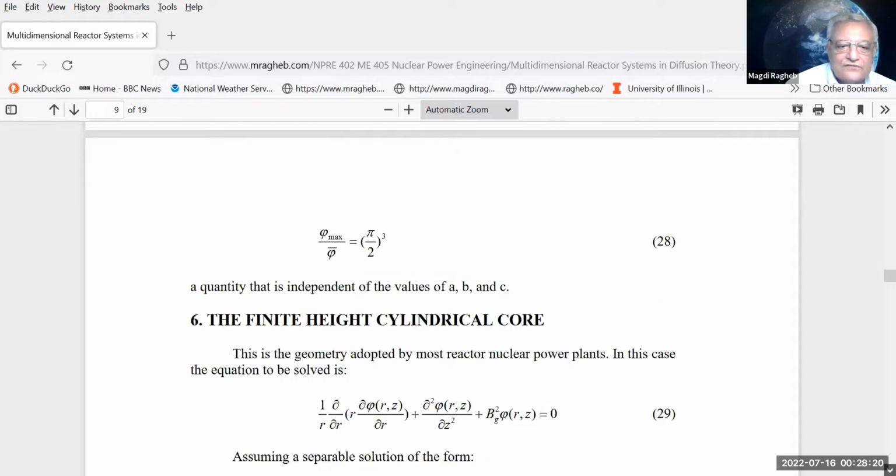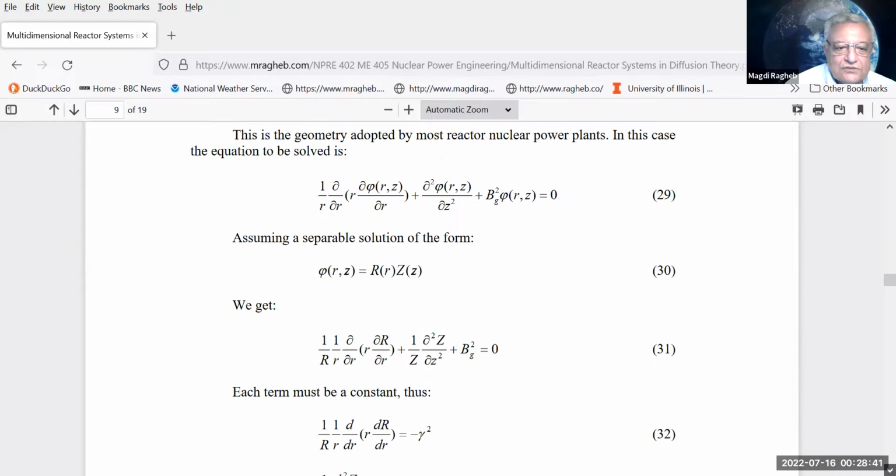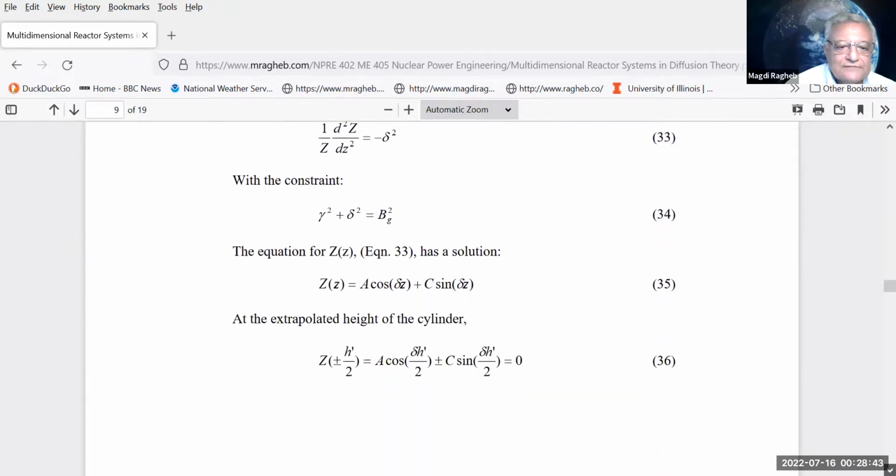So in that case, as we suggested, if I have a finite cylindrical core, the Laplacian takes a shape: one term in the radial dimension of the cylinder and one term in the axial dimension. So that would be the z dimension. Let me show it on a diagram here very quickly.